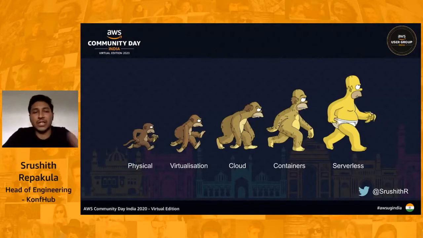We had physical machines, then virtualization came into the picture, then cloud, then containers, and then serverless. At each point in time, one level of abstraction has happened, and one level of problem is taken away from the developer's perspective, one less thing to be worried about.